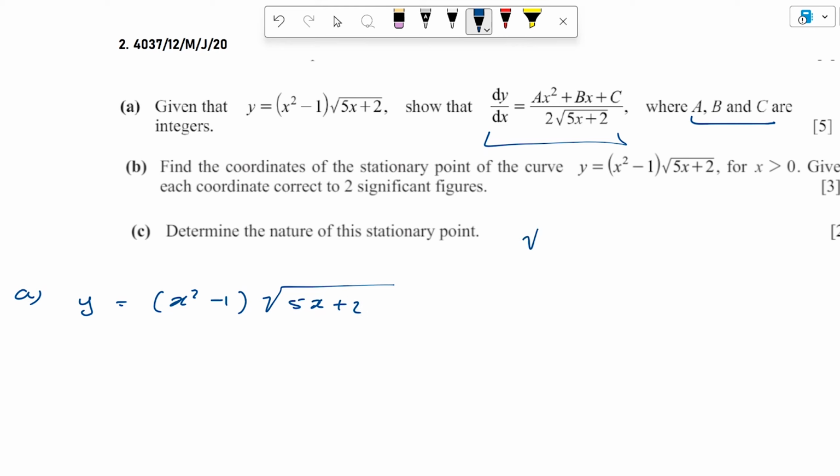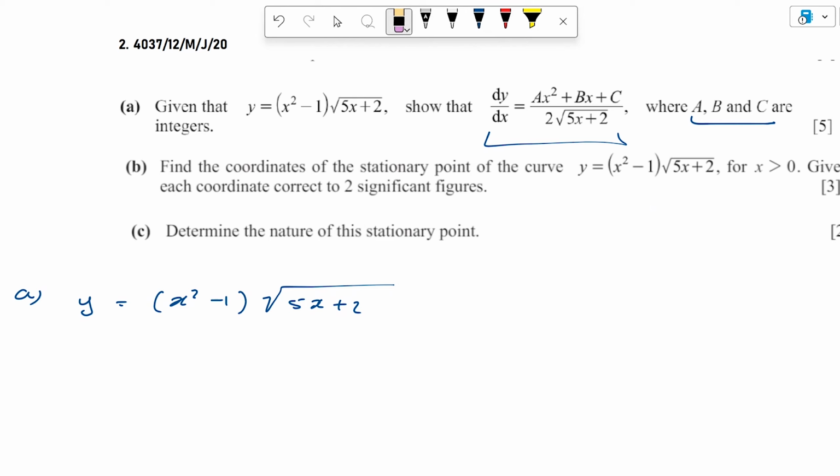By the way, we can express square root as x raised to the half, and 1 over square root x can be expressed as x raised to the power of minus half, sorry.